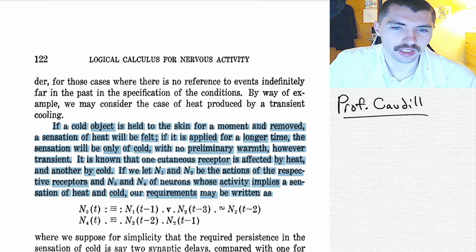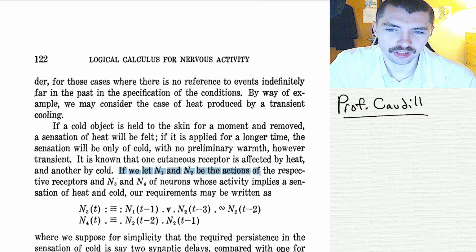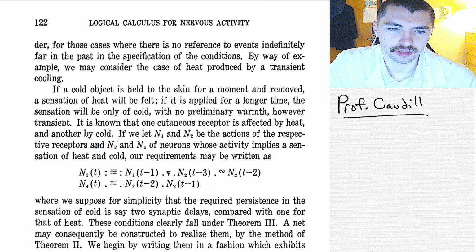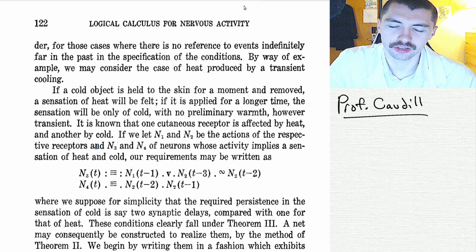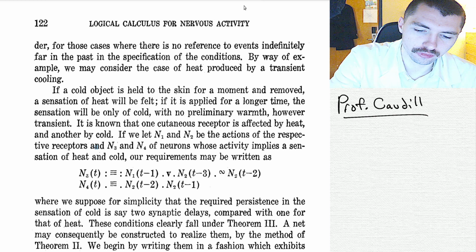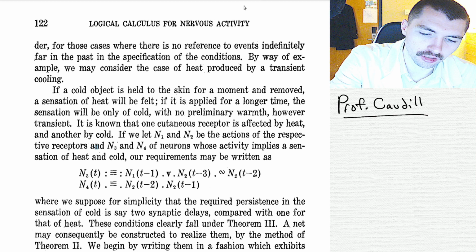If a cold object is held to skin, basically they're saying that neurons that feel temperature assign neurons to the actions of the receptors. It's a simple scenario of turning neurons into a logic gate.